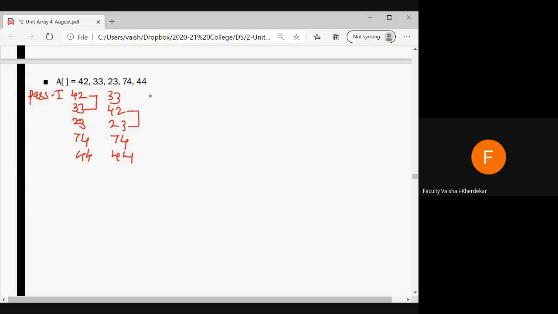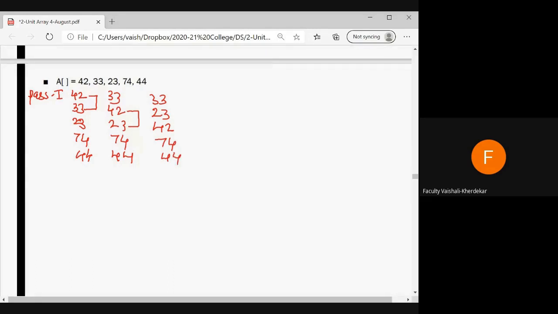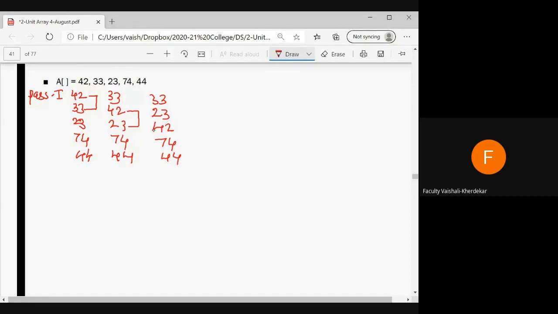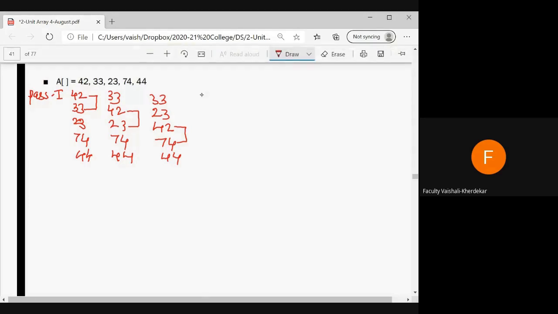Now it becomes 33, 23, 42, 74 and 44. In the next iteration, the third element is compared with the fourth element, that is 42 and 74. 42 is less than 74, hence it remains as it is.